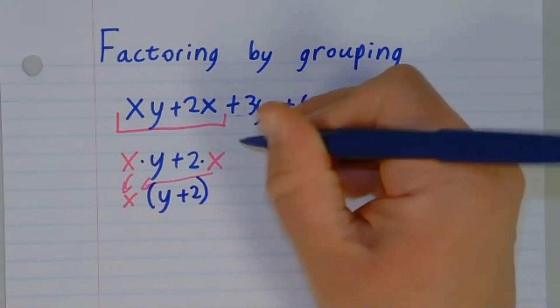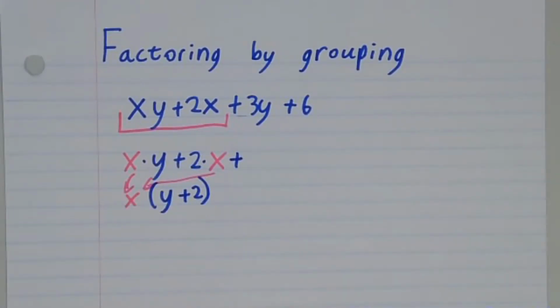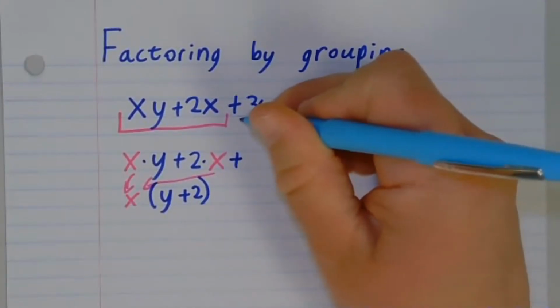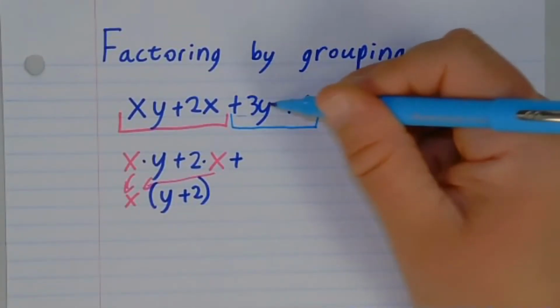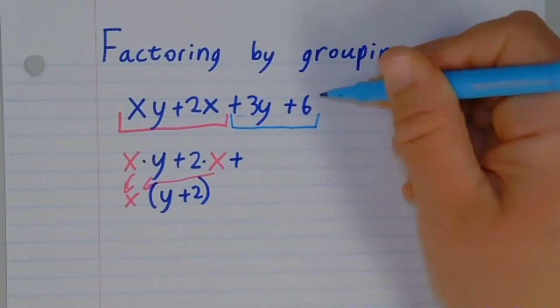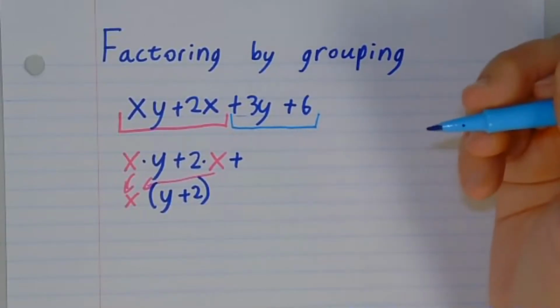And then I can go over here and look at these 2 terms. Well, I can't factor a y out of both of them because this just has a constant, but 6 is the same as 2 times 3.